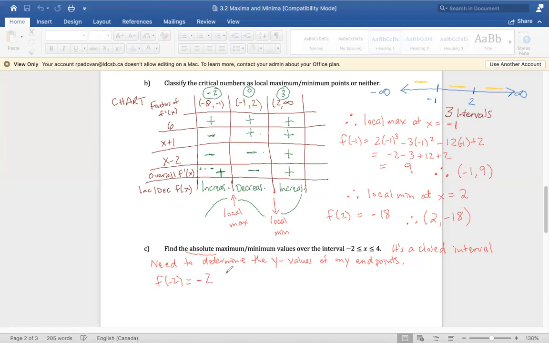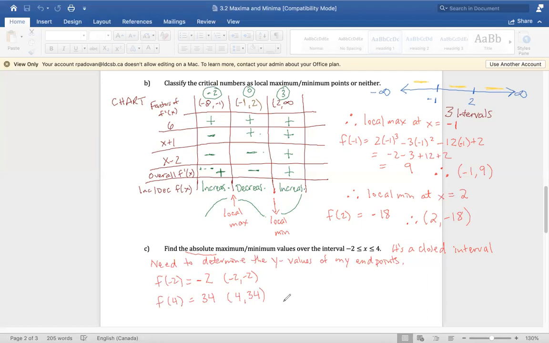So this would be the point x -2, y -2. And if I sub in the other endpoint of 4 into the original function, I have 34. So therefore I have the point 4 and 34 for my two endpoints, right?